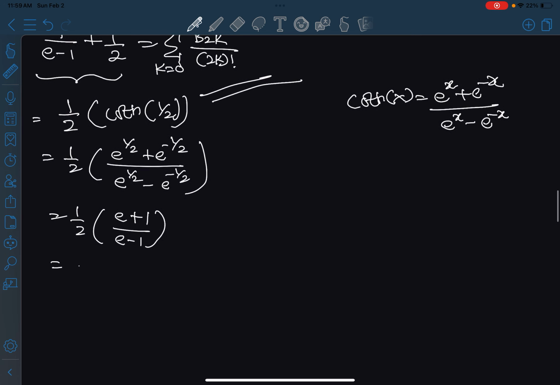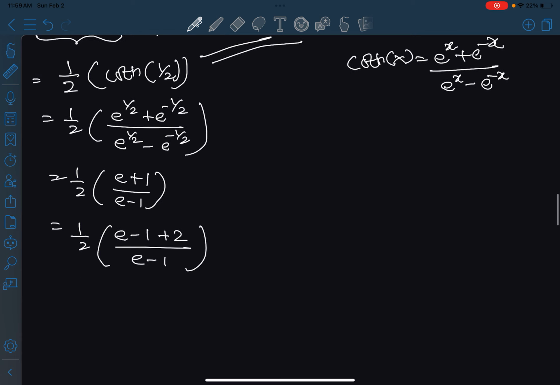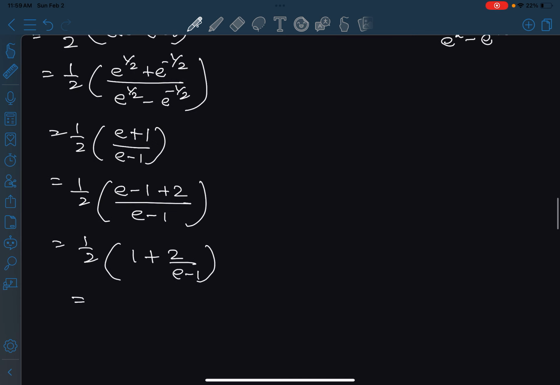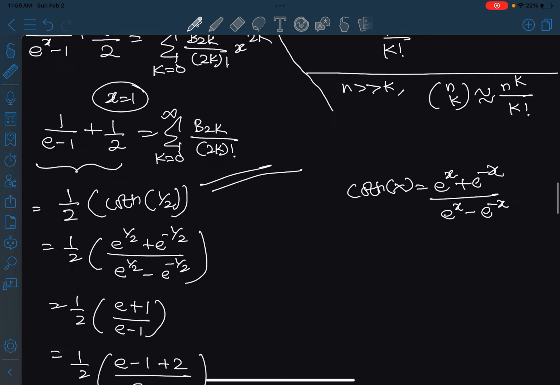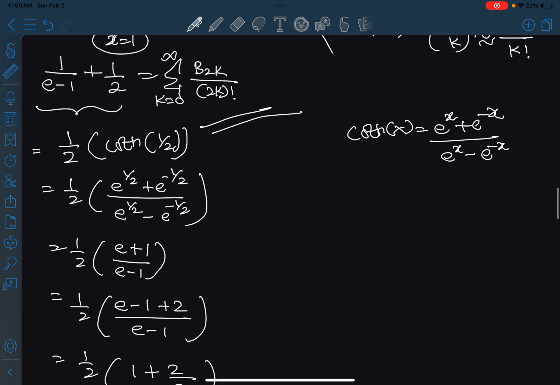Now you can write that as half times (e minus 1 plus 2) by (e minus 1). And now that becomes half times (1 plus 2 by e minus 1). And if you distribute this, half plus 1 by e minus 1. So that's basically the same thing, right?